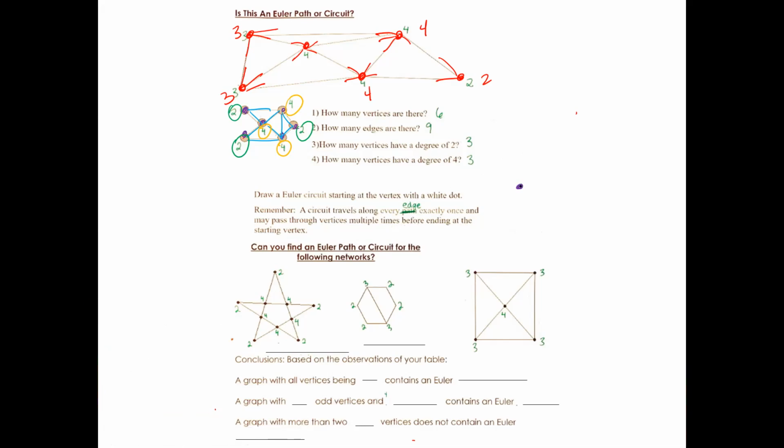So for example, if this is mine, it's in the shape of a star and it starts from here, keeps going along the path, and it also ends at the starting point.